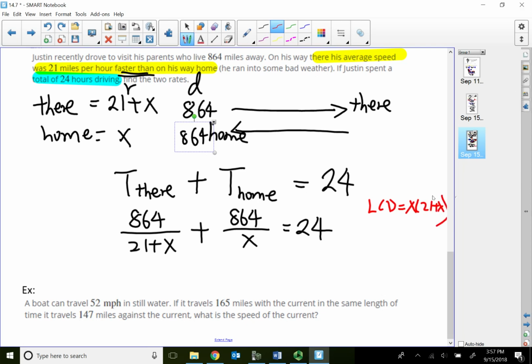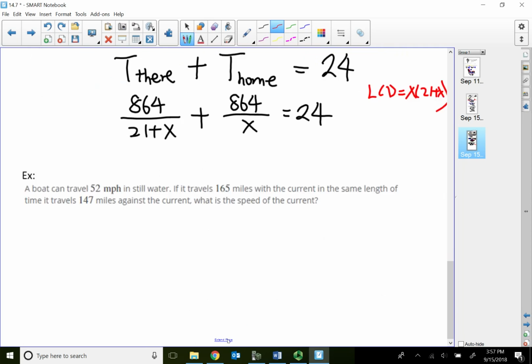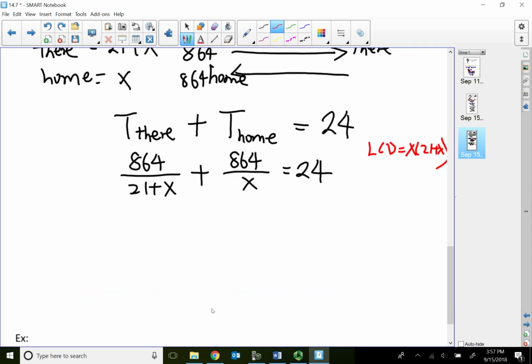All right, so let's multiply every term by the LCD. The first denominator is missing the x compared to the LCD, because the 21 plus x will cancel out. So that will be 864 times x. Plus, LCD times the second term, the x will cancel out.